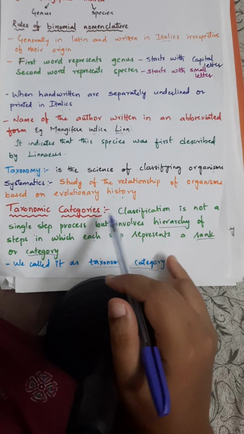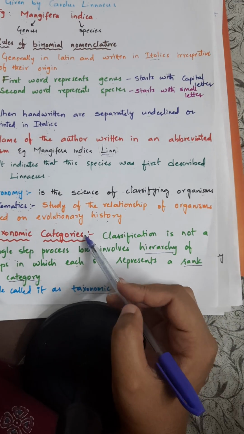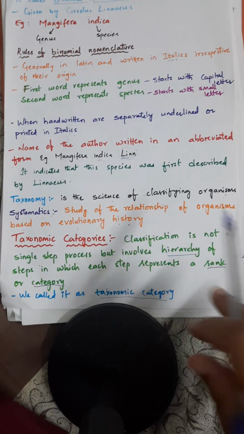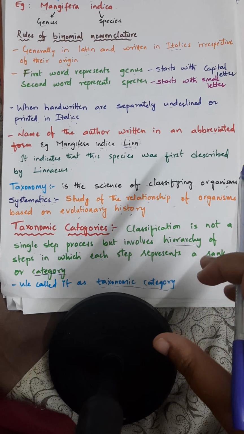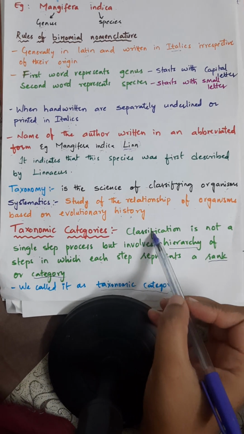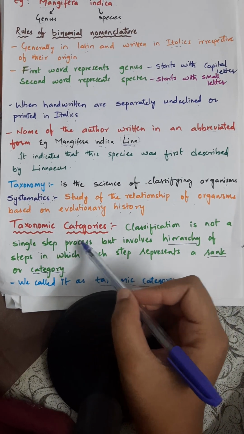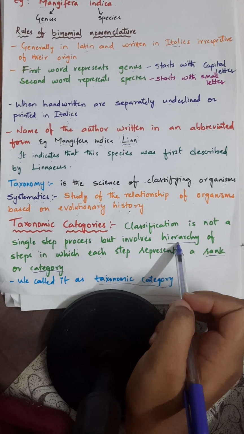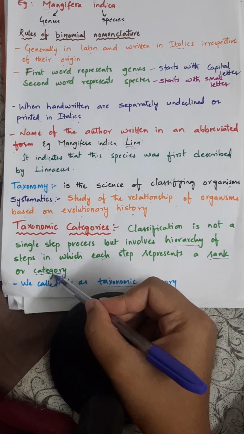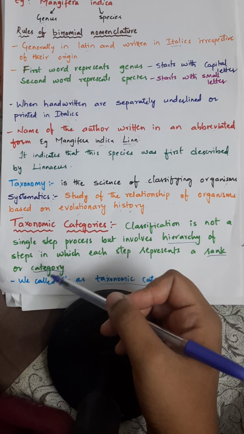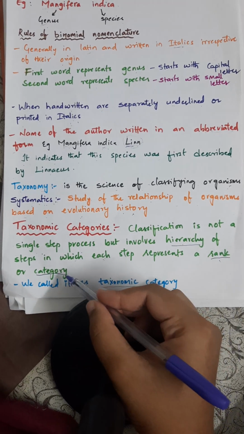Okay, then coming to the taxonomic categories. See here, classifying is not a simple thing. To classify we require many things. Classification is not a single step process, but it involves a hierarchy of steps in which each step represents a rank or category. For classification there are different ranks and categories.